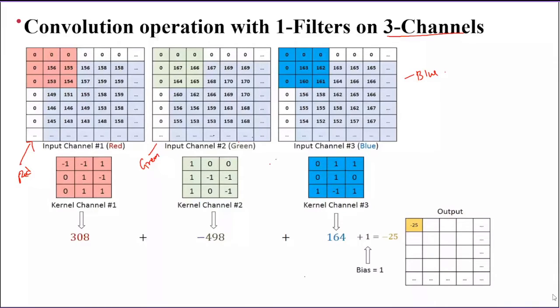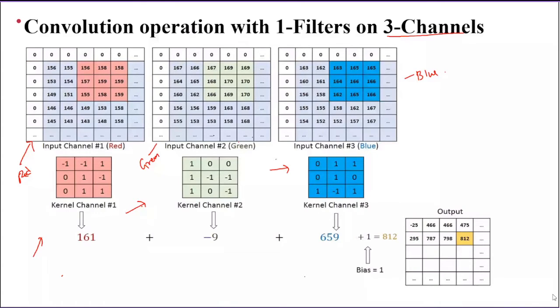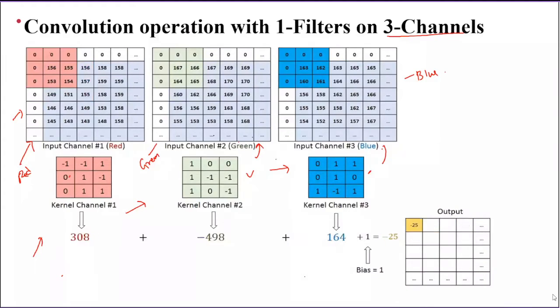In a 3D convolution operation, if you say I am doing a convolution operation using one filter, then actually this one filter represents 3 filters. This filter will do the convolution operation with the red channel, this filter with the green channel, and this filter with the blue channel.